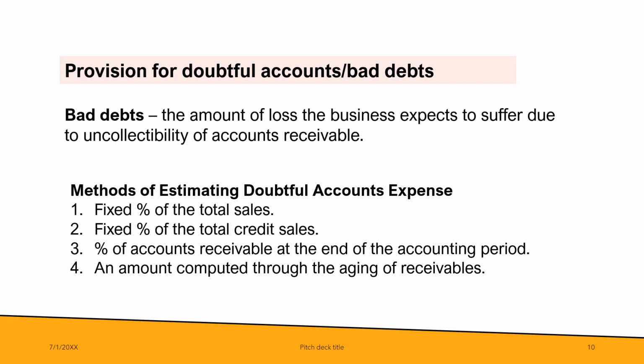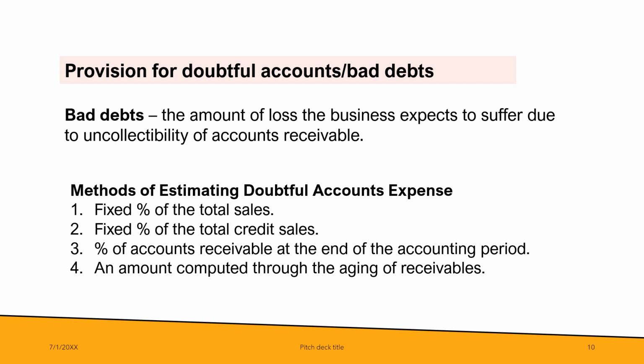Assuming that the service revenue on credit is 600,000, 600,000 times 3% gives you 18,000. So debit doubtful accounts expense, 18,000, and credit allowance for doubtful accounts.